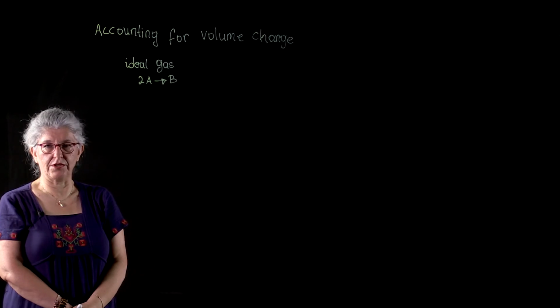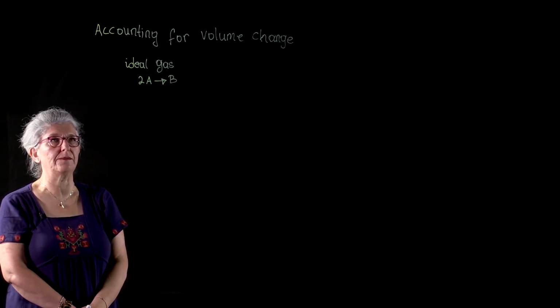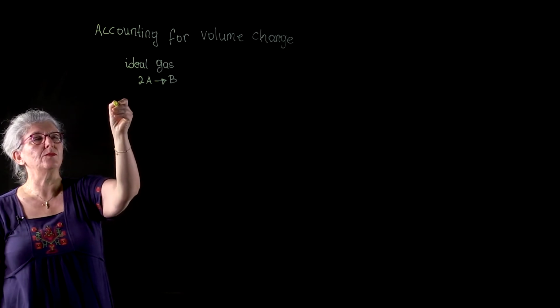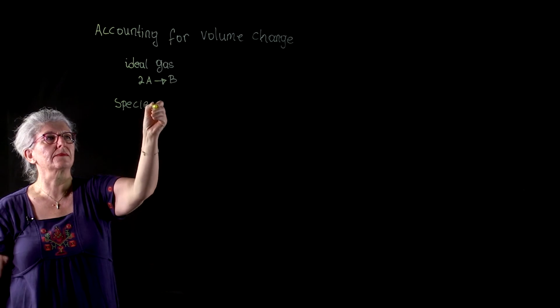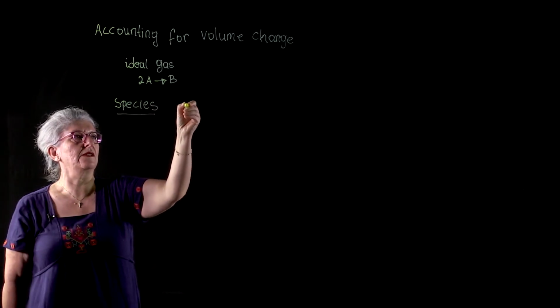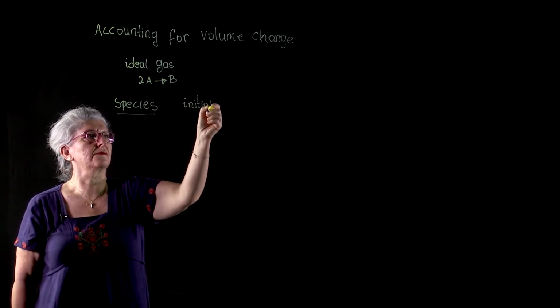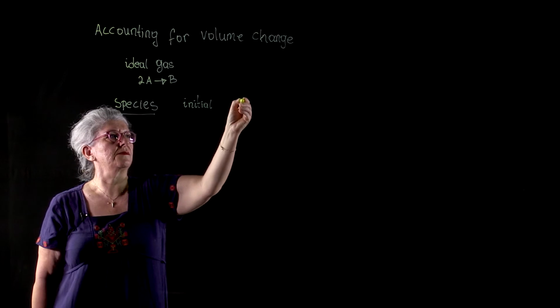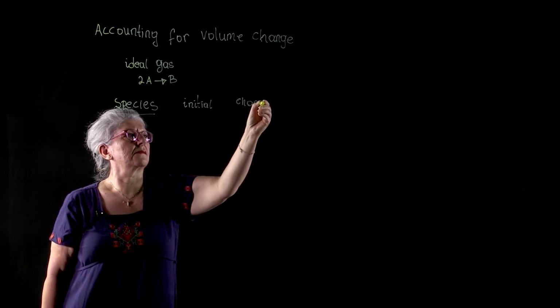The most rigorous way to take this into account is by preparing a stoichiometric table. Again, let's start from the species: initial, change, and final.